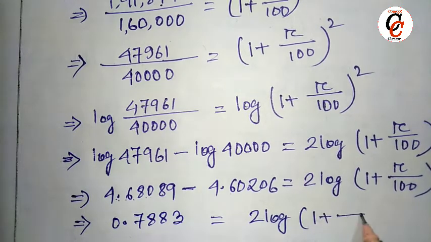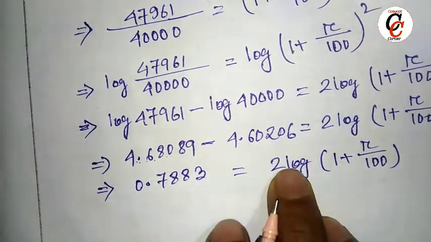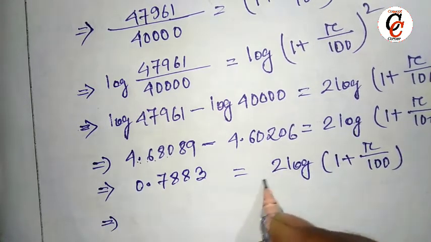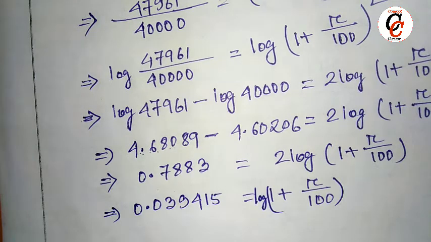(1 plus r by 100). Now see, 2 is multiplying here, so if we take it to this side it will divide. So dividing by 2 we get the value 0.039415, and here log of (1 plus r by 100). So we have to cancel this log now. To cancel this log we have to take anti-log both sides.